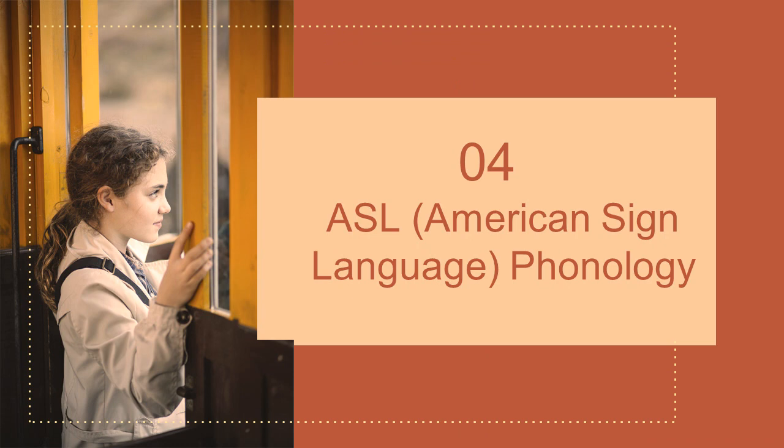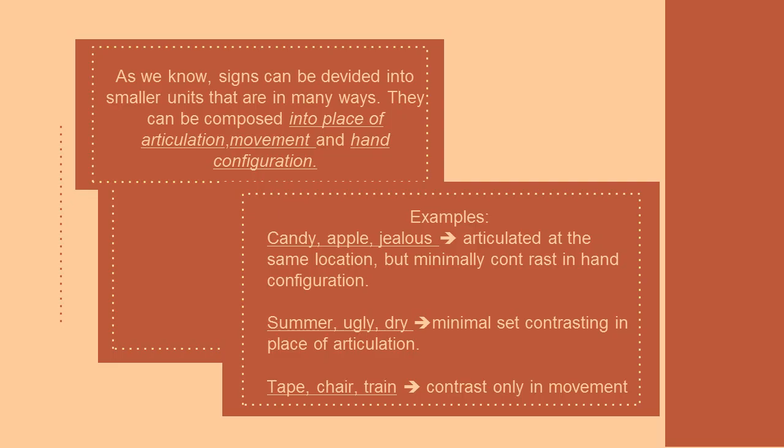The next is ASL, or American Sign Language phonology. As we know, signs can be divided into smaller units. They can be composed of place of articulation, movement, and hand configuration. For example, candy, apple, and jealous are articulated at the same location, but minimally contrast in hand configuration.